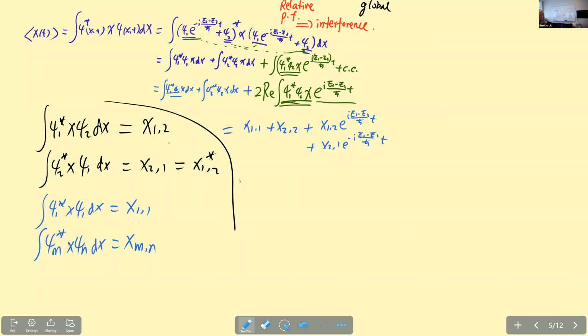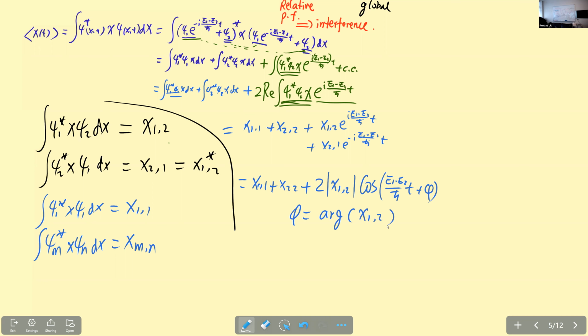So this can be written as x11 plus x22, and then plus 2 times the modulus of x12 times cosine of (E1 minus E2) over h bar times t plus a phase factor. And this phase factor, of course, is just the phase angle of x12. Very nice.